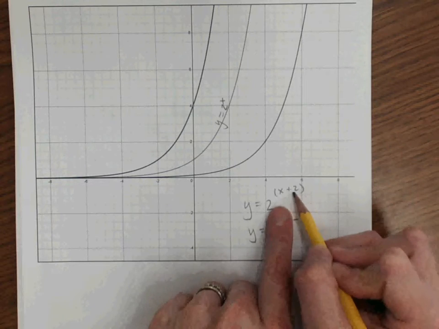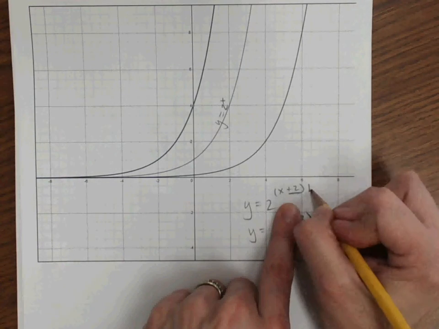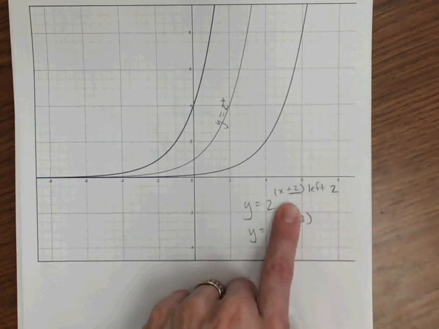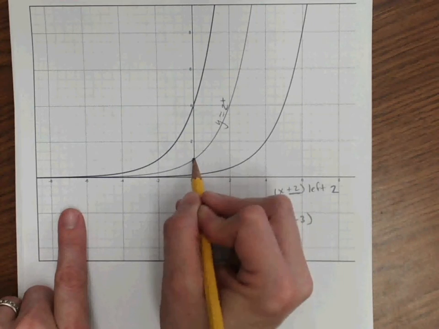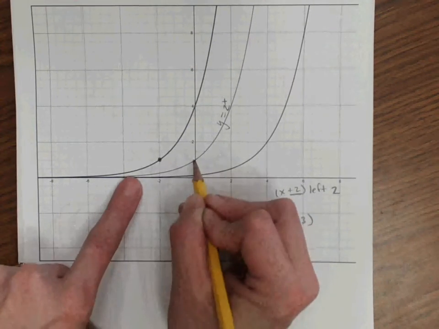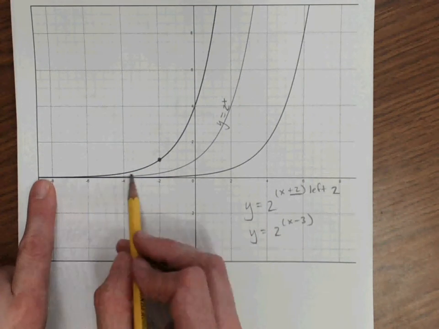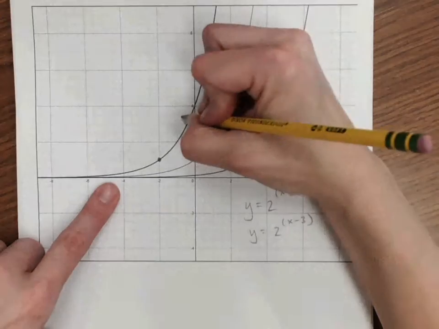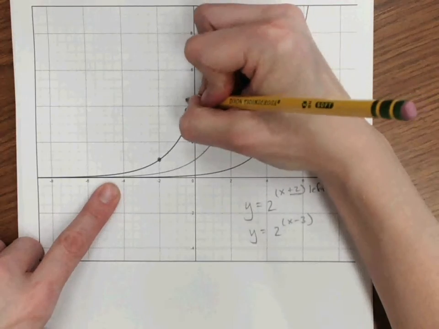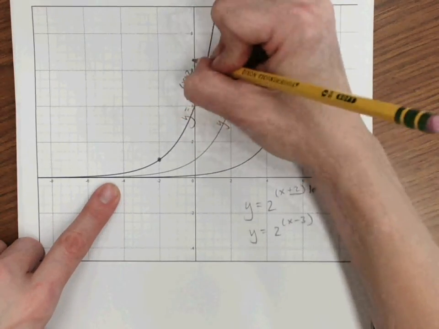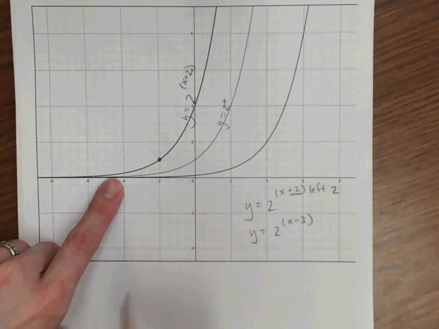This one right here is going to move it to the left 2 units. So it's going to take this one and move it to the left 2 units. So I just look to see where this is. Notice my asymptote still is on my nice x-axis there. This one is y equals 2 to the x plus 2, right? It's that same function, it's just shifted over.